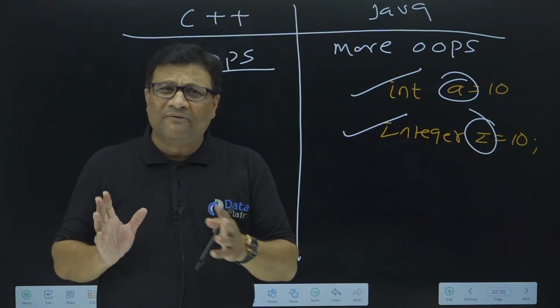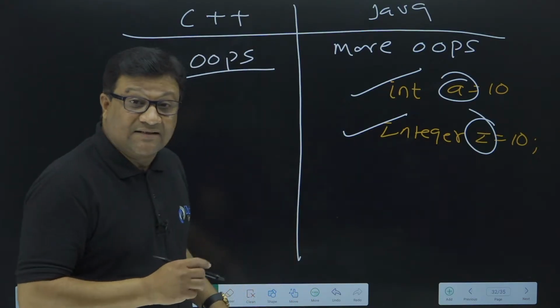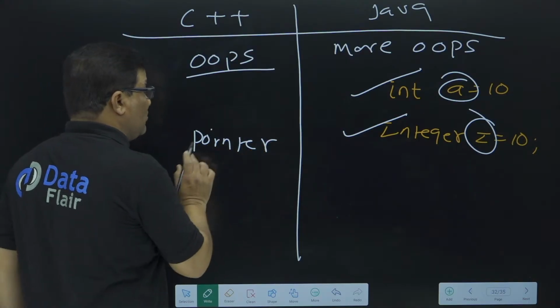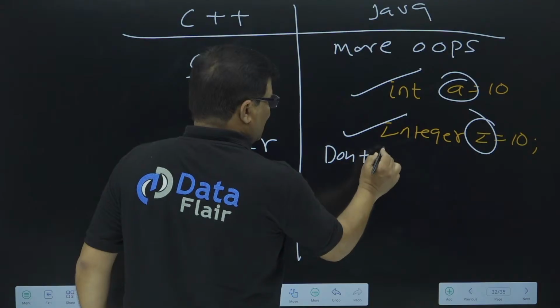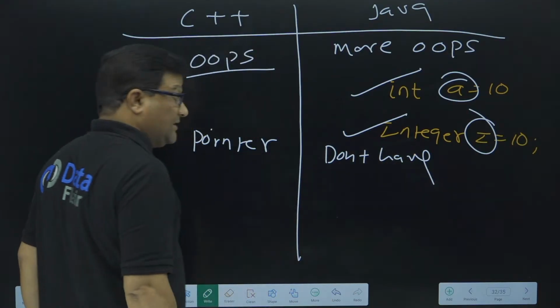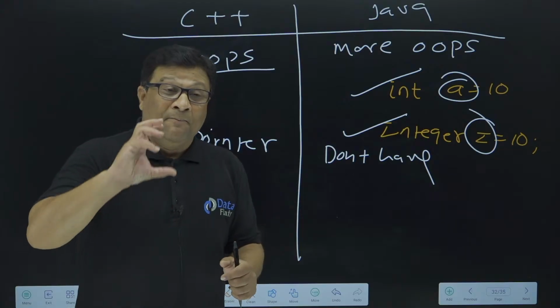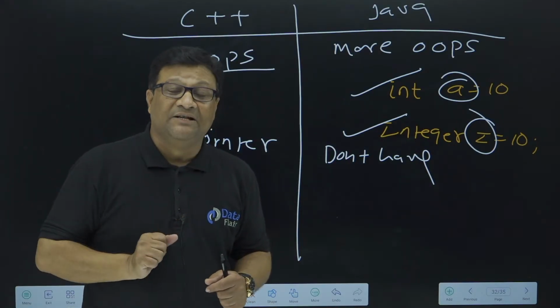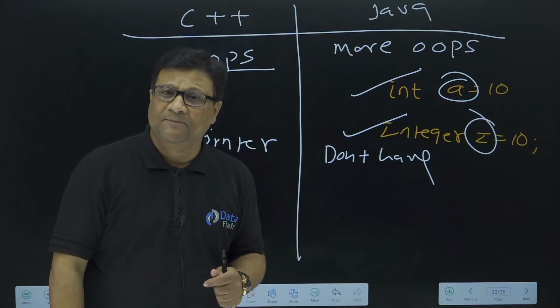Then there are more differences. In C++ we have pointers, but Java doesn't have any pointers. So that is again a major difference. If any one of you has knowledge of C and C++, can anyone tell me why we use pointers in C and C++?